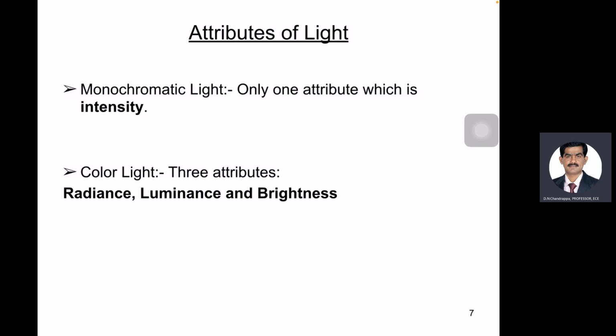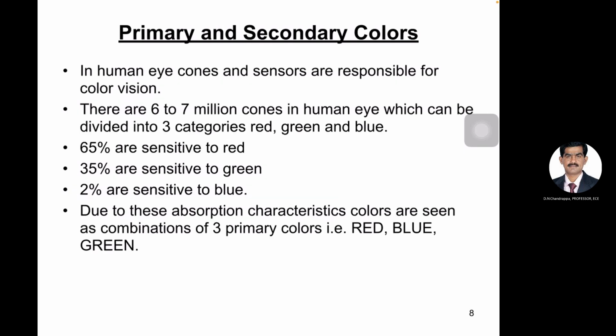Due to these observed characteristics, colors are seen as combinations of 3 primary colors: red, blue and green.